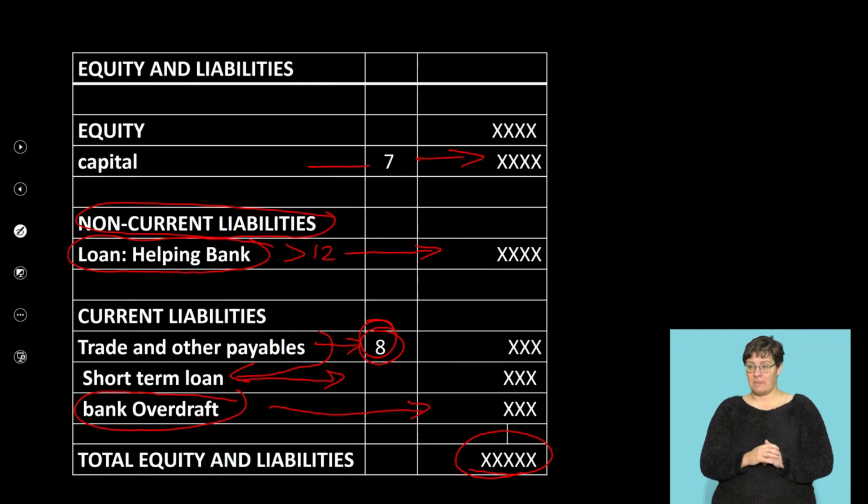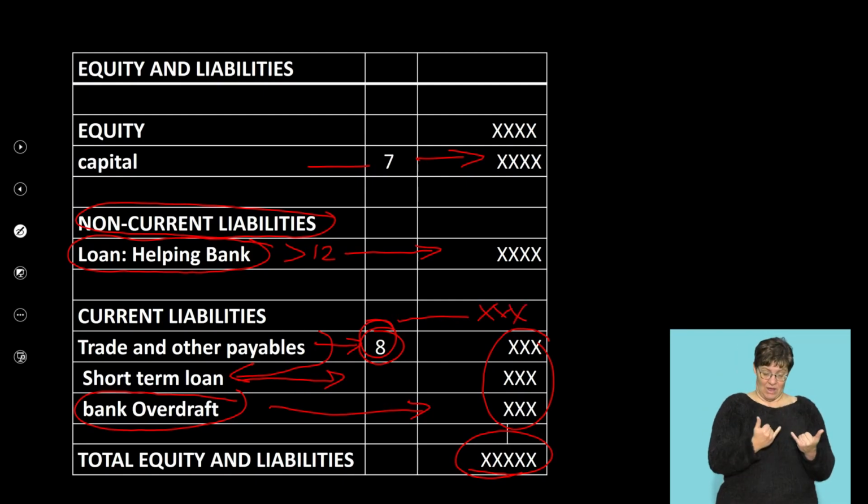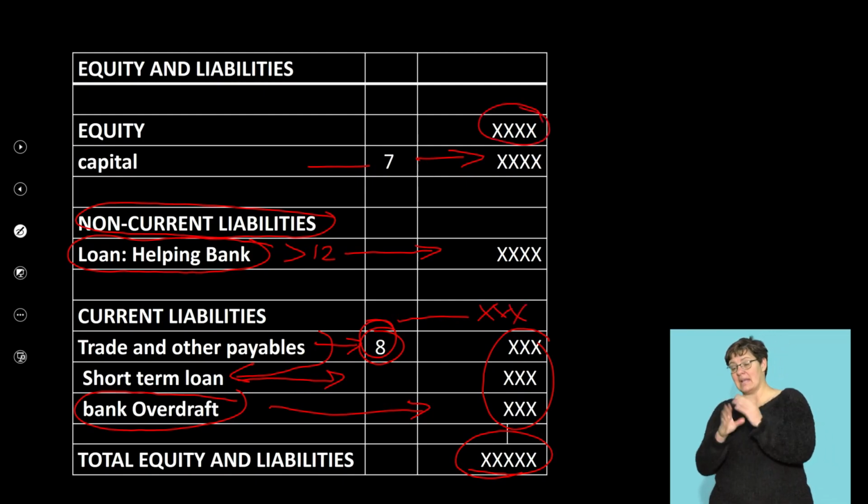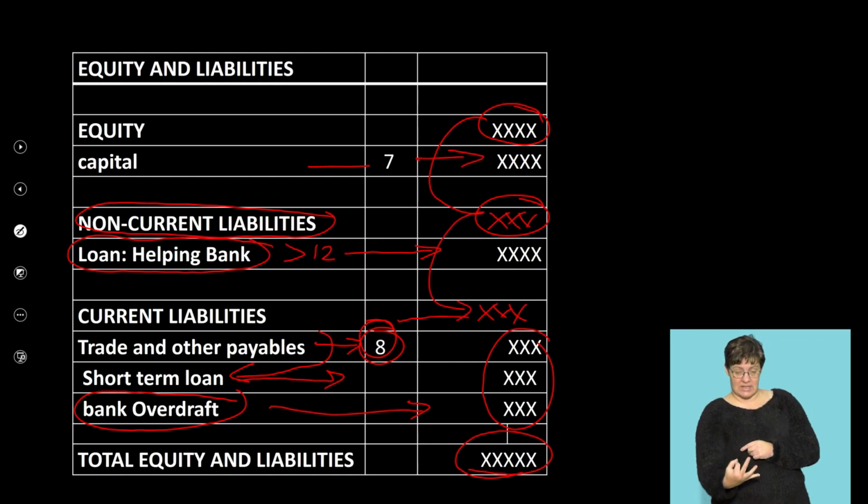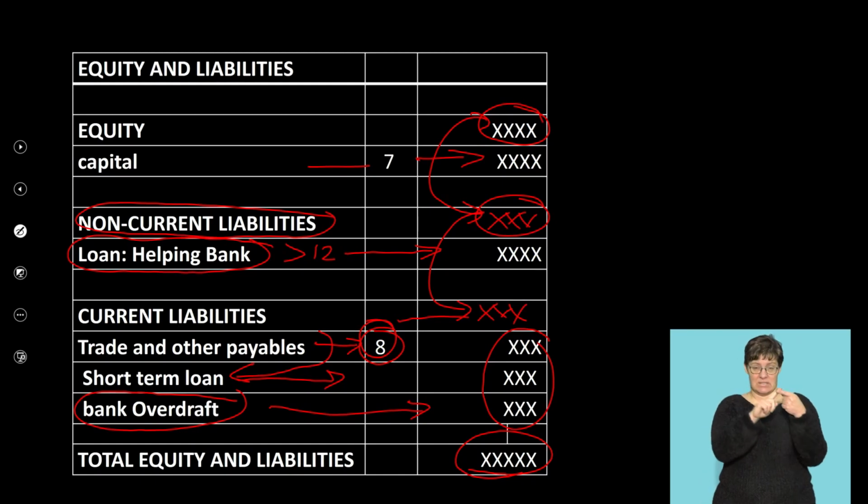I then add up my current liabilities to give me the total of my current liabilities. I now add my equity plus my non-current liability plus my current liability, so component 1, 2, and 3, right? So what is it? It's my equity, my non-current liabilities, and my current liabilities that will then give me my total equity and liabilities.